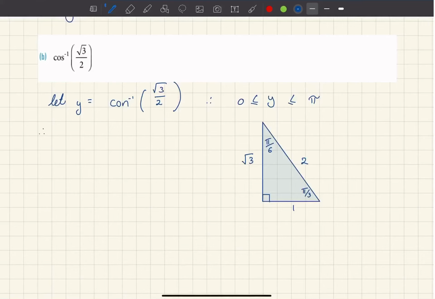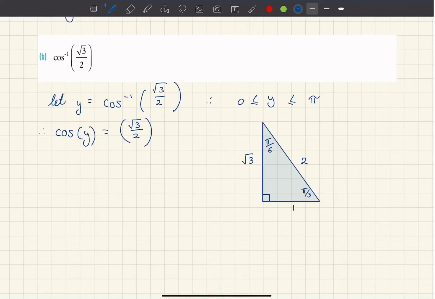Therefore the cos of y equals √3/2. So that's what this is saying, and this is easy to see here. We've got y equals inverse cos of √3/2, therefore cos of y equals √3/2.